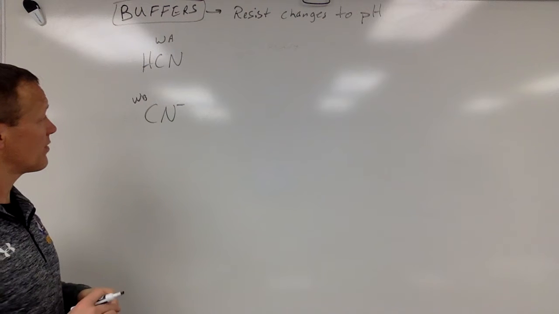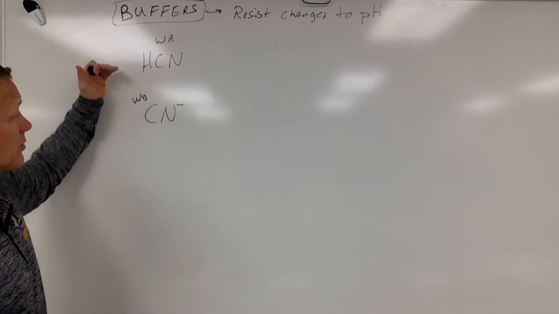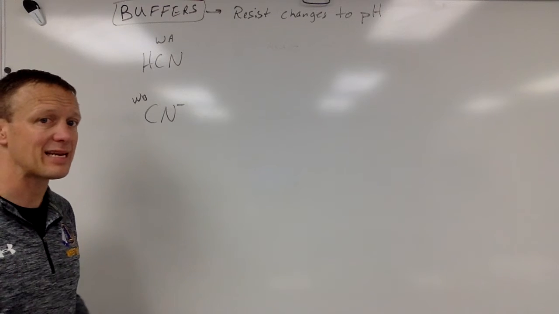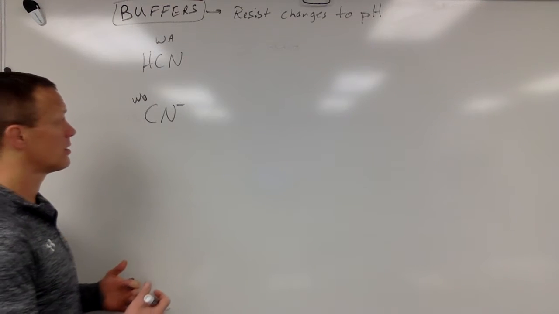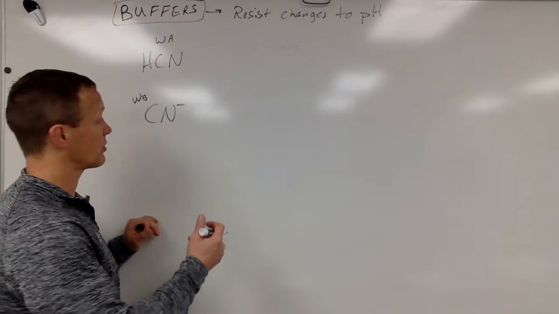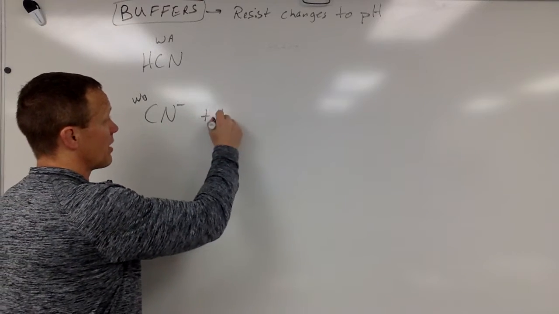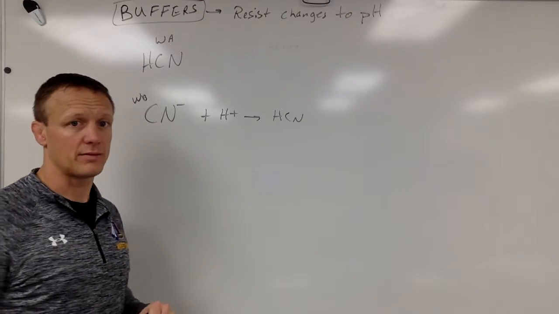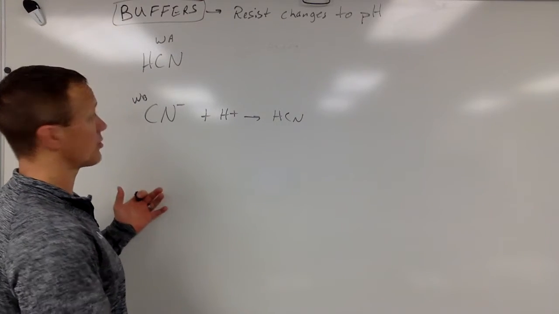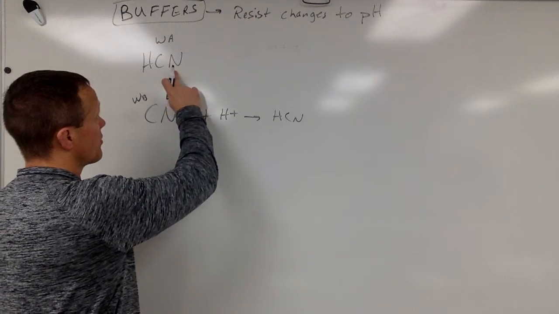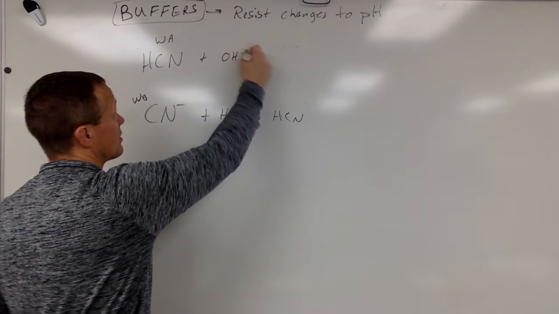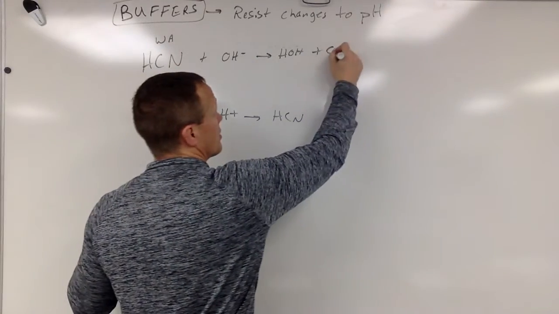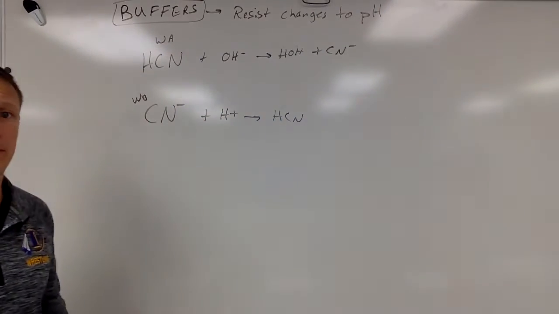Just briefly, if I have a mixture of these two things and I add some H plus ions, if something acidic enters the solution, then the base can react with the H plus ions to form HCN. If something basic comes into the solution, something with OH negative, the acid can react with OH negative ions to form HOH plus CN negative.